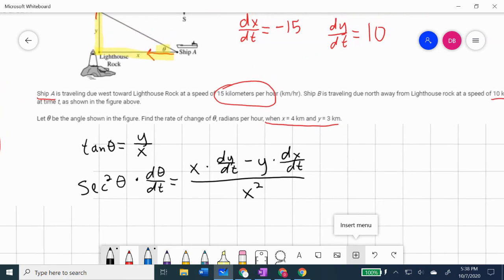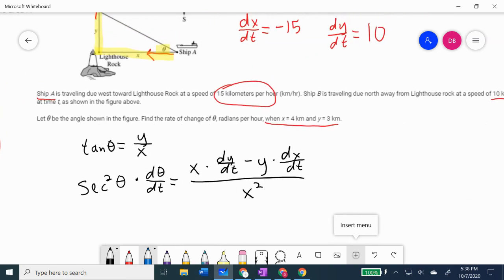And now I can put my when information in. The when information is when x is 4 and y is 3. I think I see a 3, 4, 5 Pythagorean triple. Or I can use the Pythagorean theorem and get the 5 on that hypotenuse. So now filling in the information. I've got secant squared. Secant is cosine's reciprocal, so that means I'm looking at hypotenuse over adjacent.